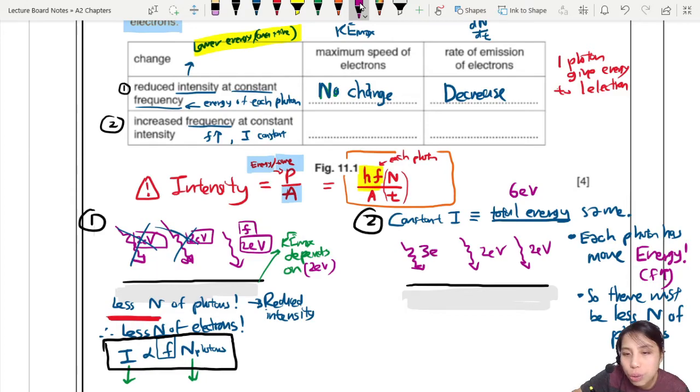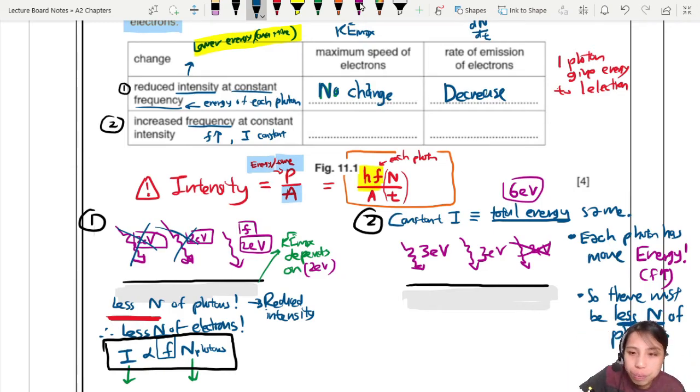If I change this to 3 eV, and this to 3 eV, then this one cannot, because already 6 is the maximum total energy. So there's less number of photons, because you have to keep the same energy in total because of constant intensity. Intensity is like total energy in the area.